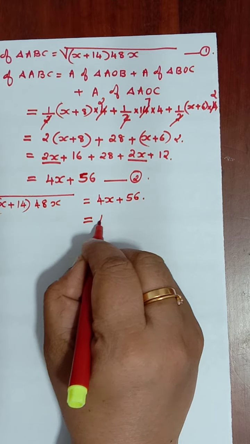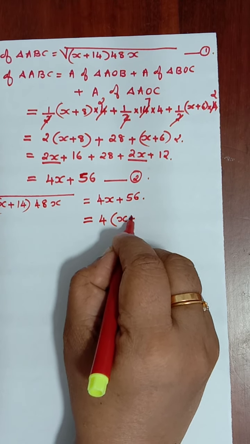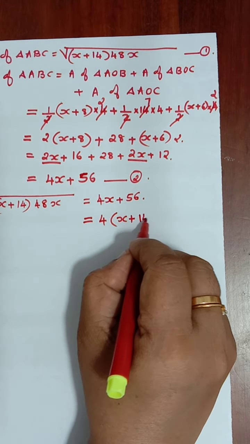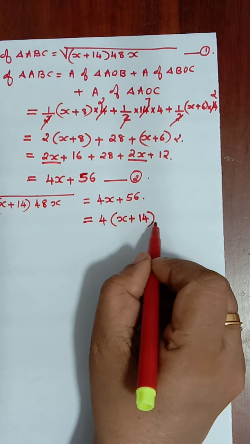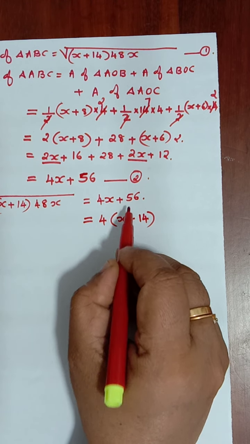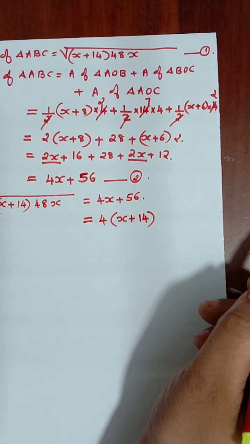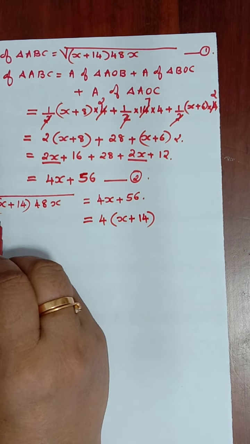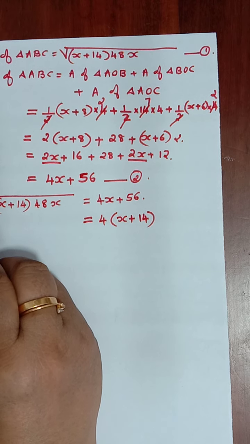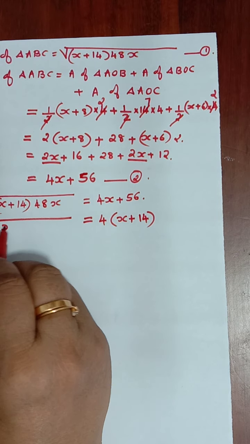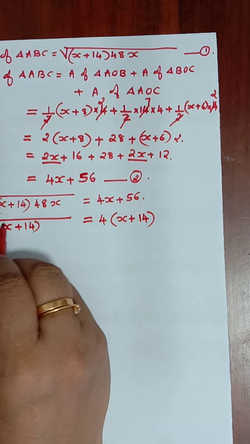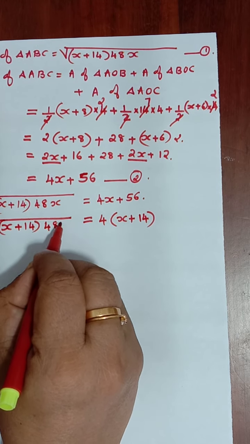Isn't it 4 into (x plus 14)? 4 into x is 4x, and 56 by 4 will be 14, so 4 into 14 is 56. So here under the root we have, therefore, (x plus 14) into 48x.